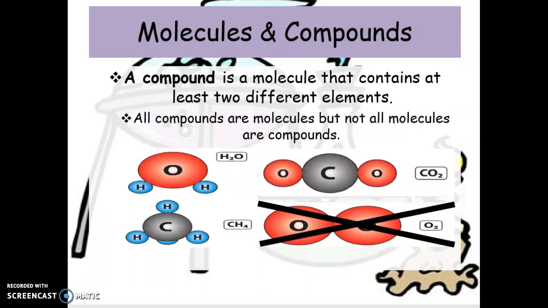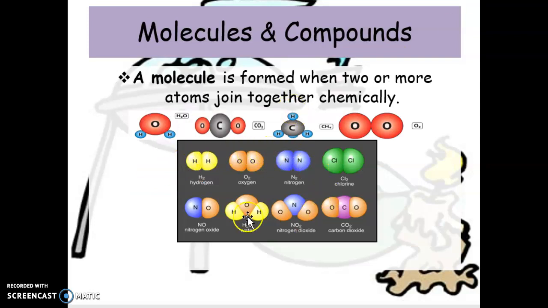Now, when you look at a molecule, the one that's easy to mix it up with is a compound. And a compound is a molecule that contains at least 2 different elements. Okay, so if we want to go back to the last slide there, you have a number of different molecules here. If you look at the first top one here, all of these are molecules, but they're not compounds.